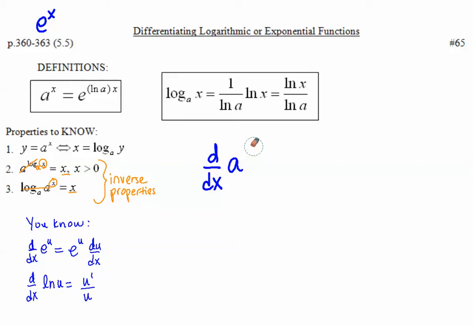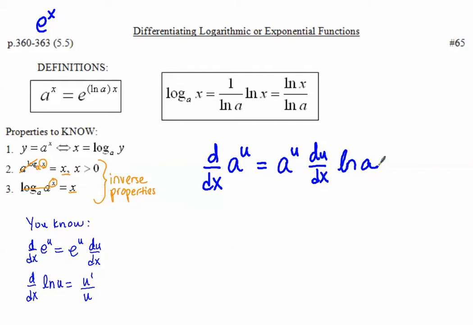Okay, so let's go back up here and let's write it using the chain rule. The derivative with respect to x of a to the u. Well, just like e to the u, it has itself in it, so it is itself, but chain rule, and a constant multiple of natural log of the base. Why is that?